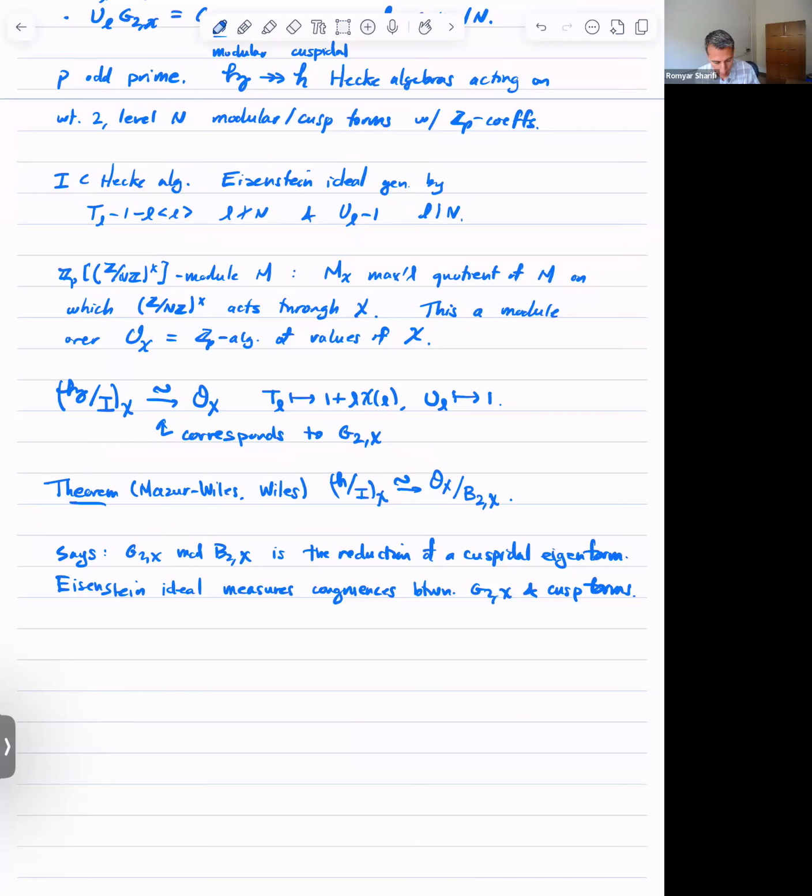So if we look at the chi part of the Hecke algebra, the part acting on modular forms with nebentype chi, the Eisenstein ideal in this chi part of H is in fact the annihilator of infinity in the chi quotient of the Z_p span of the cusps.